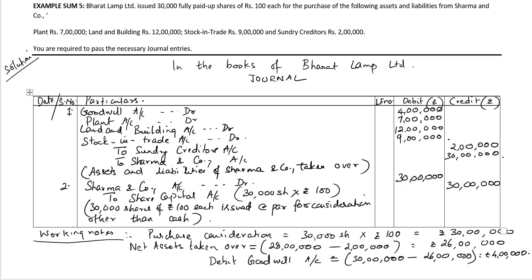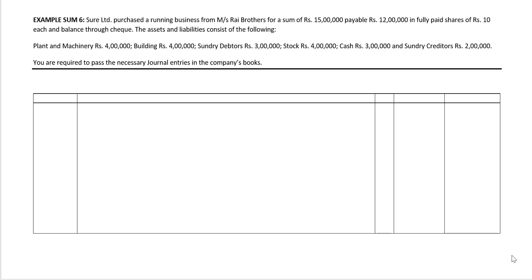So this is the answer to the 5th example sum. We'll move on to the 6th example sum. Example sum 6. Sure Limited purchased a running business from Mrs. Rai Brothers for a sum of rupees 15 lakh, payable rupees 12 lakh in fully paid shares of rupees 10 each, and the balance through check.